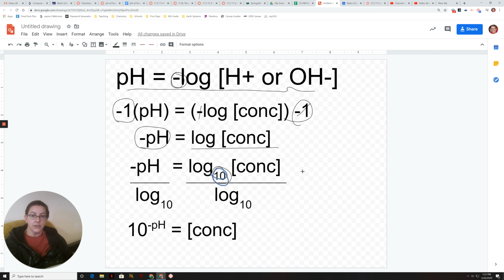If you've had logs, you'll know that sometimes you have to calculate log base 2, sometimes log base 3, log base any number. But if it just says log, it is understood to be log base 10. So I'm going to divide both sides of my equation by log base 10, which then cancels these logs out on the right-hand side.